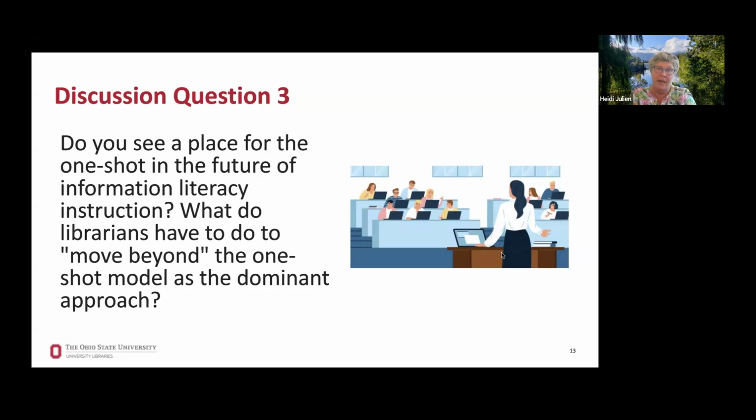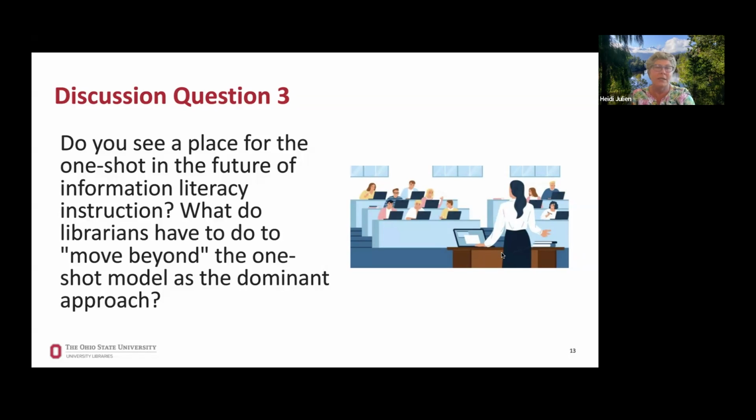And I want to tie that to the one shot, because by my observations, one of the biggest problems with the one shot is that librarians are trying to squeeze too much content into that one shot time. And that is a pedagogical choice that needs to be nipped in the bud very quickly.